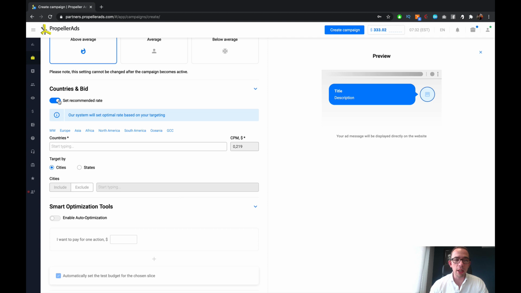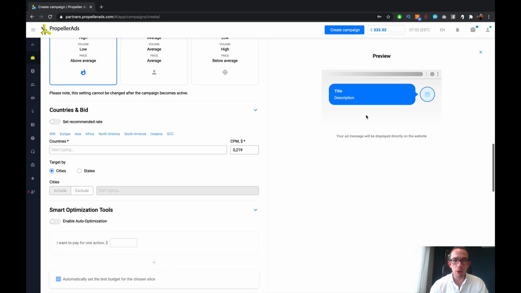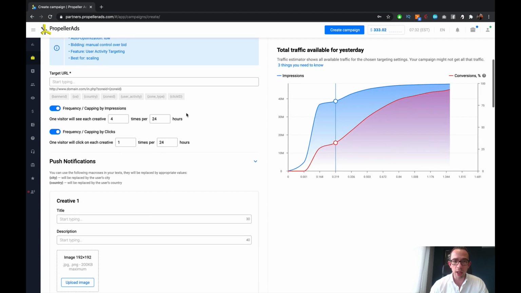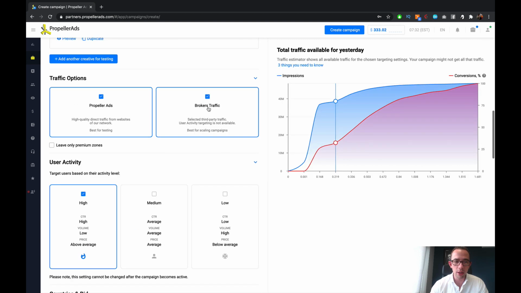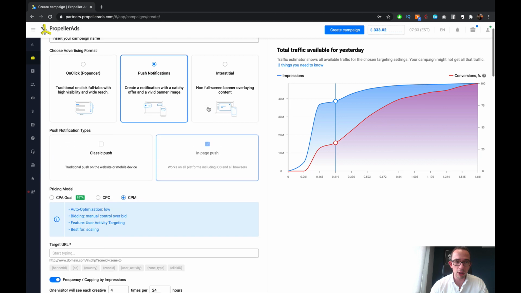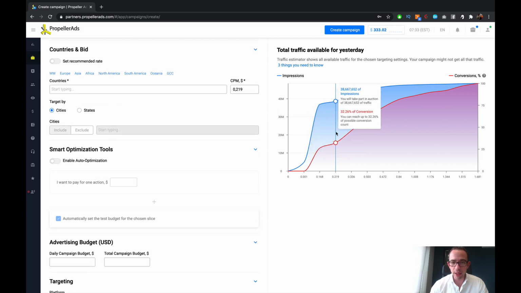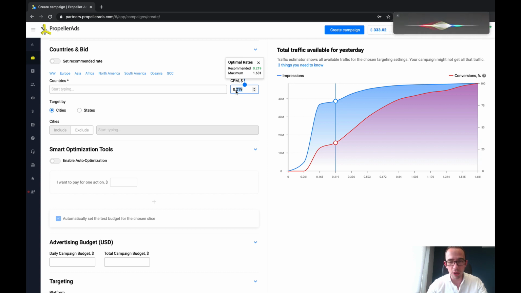Set at recommended rate. I never set a bid at the recommended rate. I always do my own thing. So if I can get the graph back, there it is. Don't include brokers traffic. In page, normal, high. Then it recommends 38 million impressions, right? I would go a little bit lower, just where the graph has taken off, right? So it's like 0.01, we might not have that much traction, to 0.16.